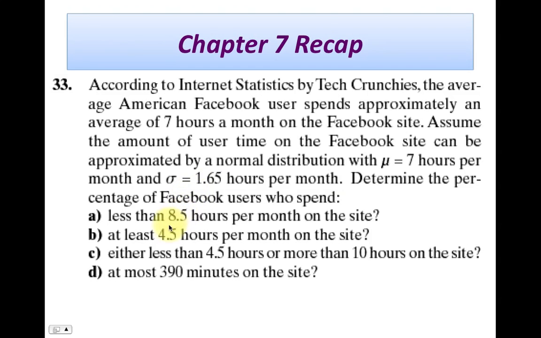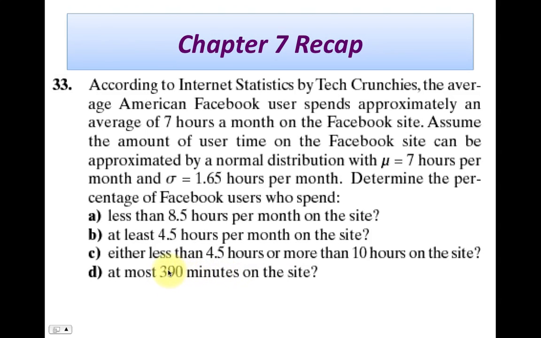For each of these questions, you're asked for the percentage of Facebook users, which is basically proportion under the bell curve. So each of these questions: 8.5 hours, less than 8.5 hours, at least 4.5 hours, either less than 4.5 or more than 10, at most 390 minutes.